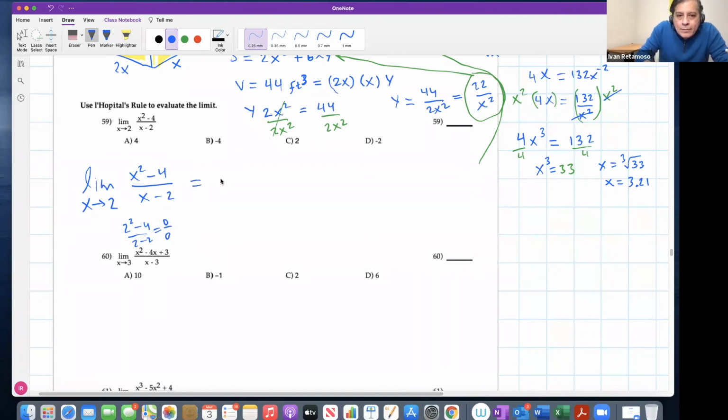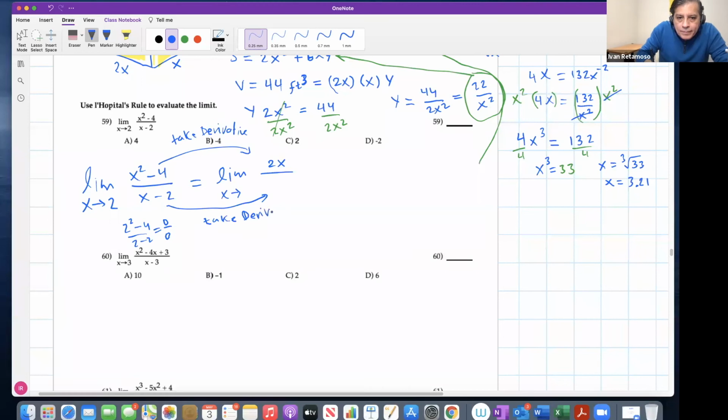L'Hopital's rule says that whenever that happens, you are allowed to change this quotient of functions by the quotient of their respective derivatives. So you take the derivative here. What's the derivative of this? Twice x. Take the derivative here.